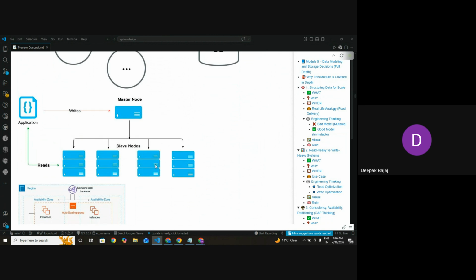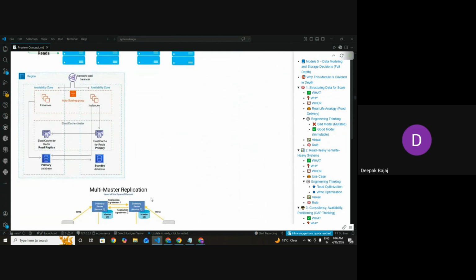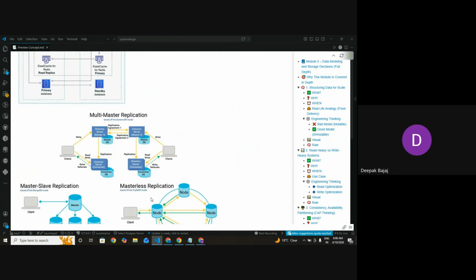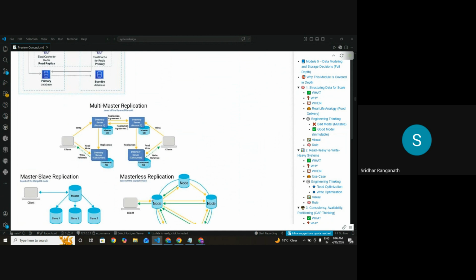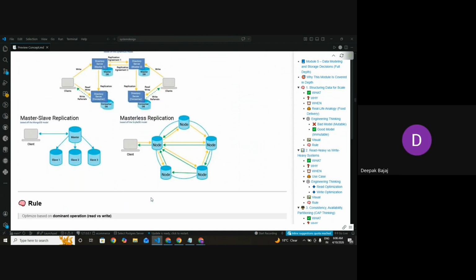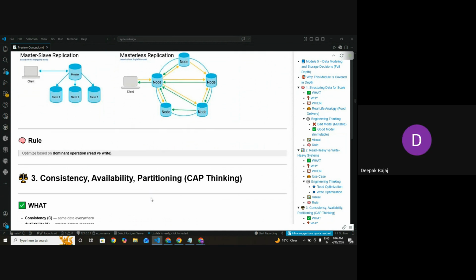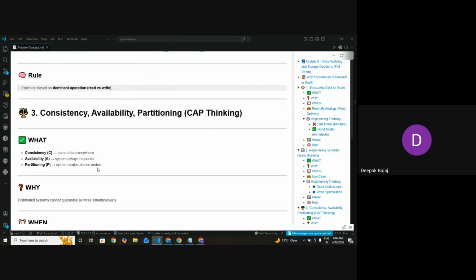And this is a master node for writes and slave node for reads. Now this is a rule: optimize based on the dominant operation, read versus write.